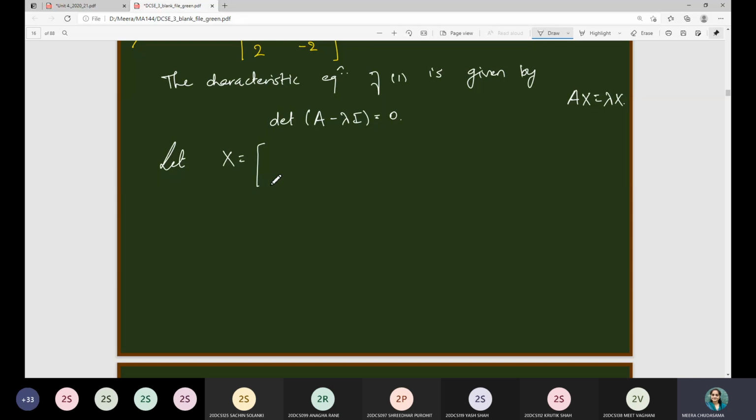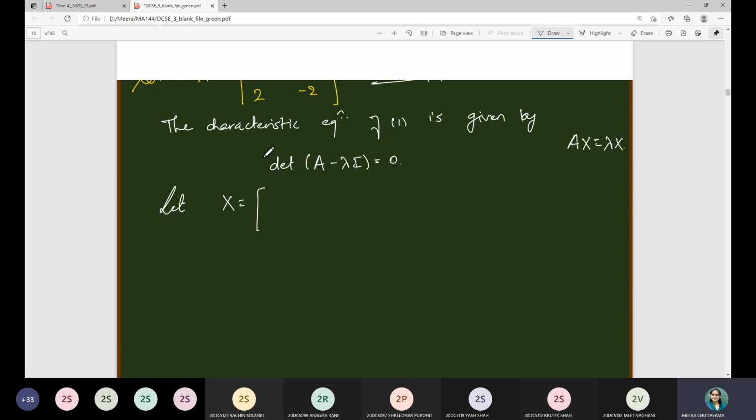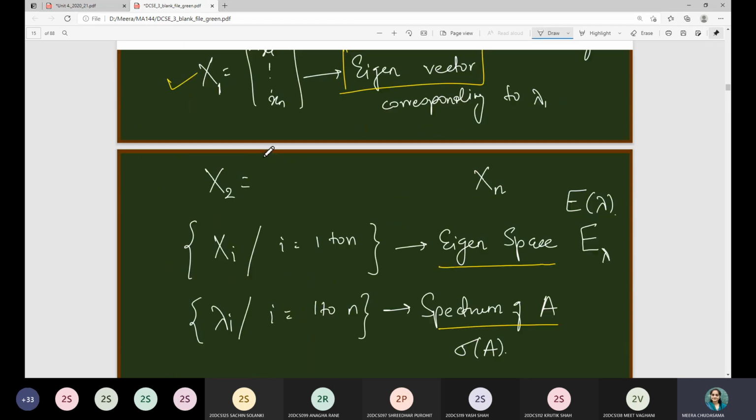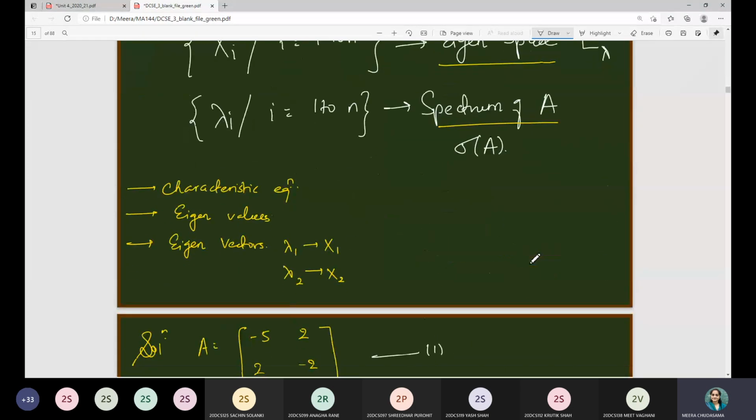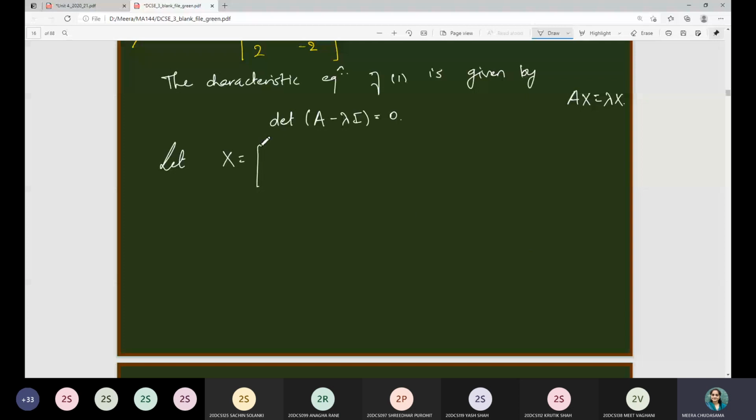So what will our X be? See, when you are given an n cross n matrix, capital X is an n cross 1 column matrix. So here you are given a 2 cross 2 matrix, so capital X will be x1, x2, right?